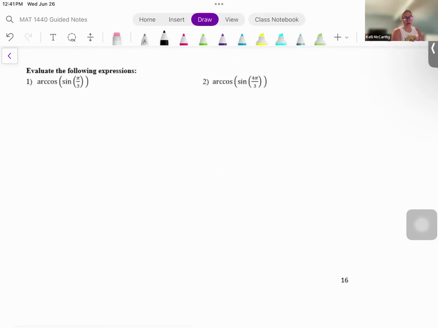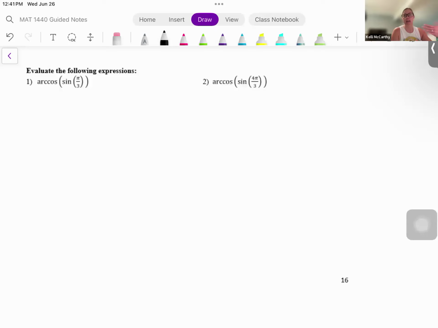Evaluate the following expressions. So the first one is arc cosine of sine of pi over 3. Thinking about the components of this particular expression, we've got an inside function and an outside function. If we think about the outside function, arc cosine, we're not substituting in an angle, right?